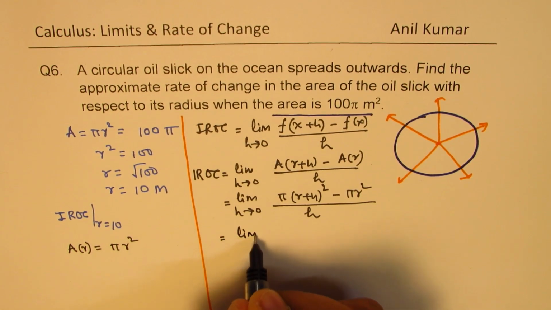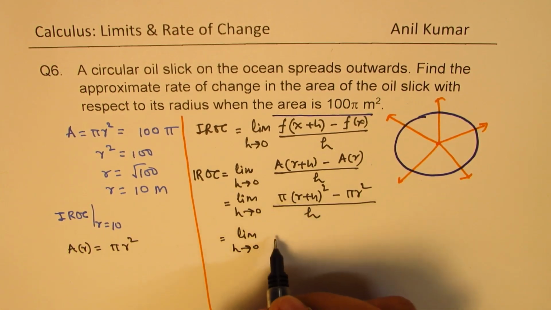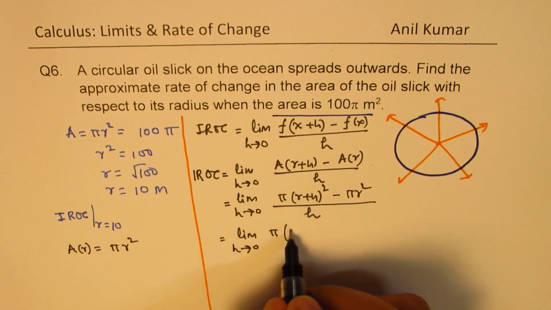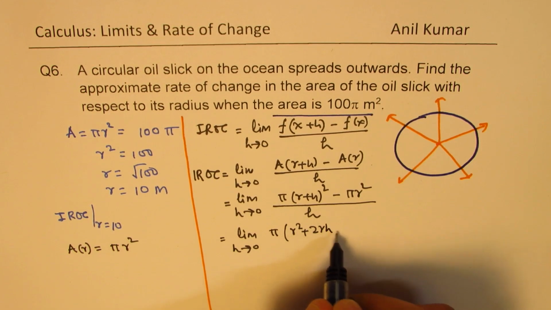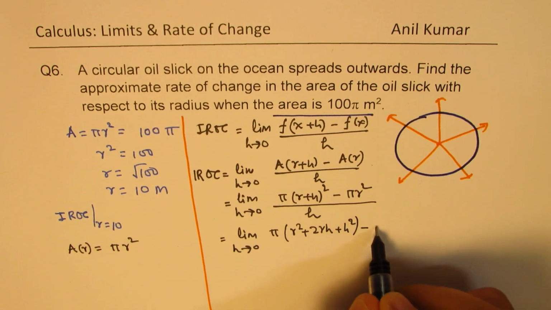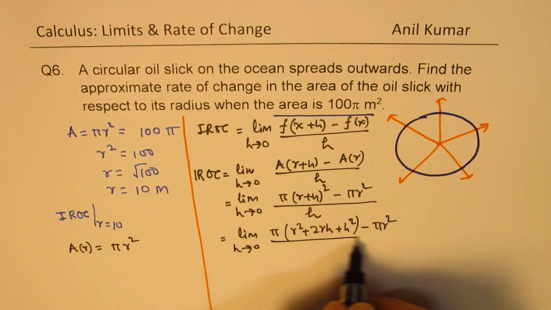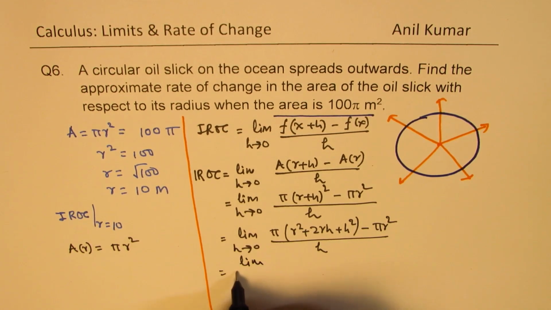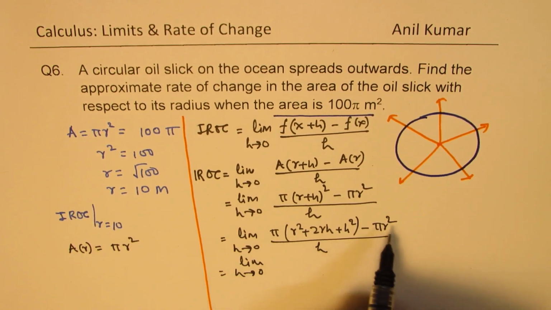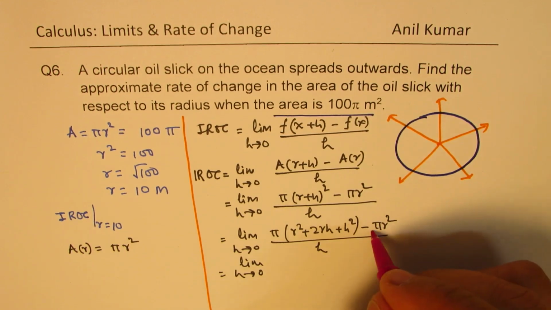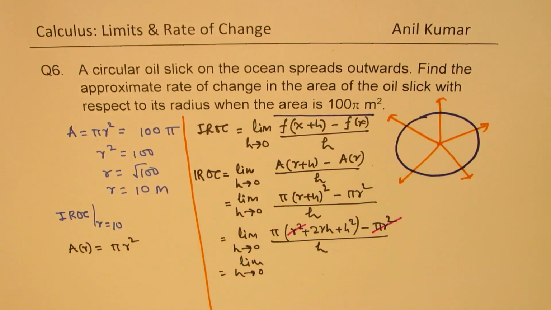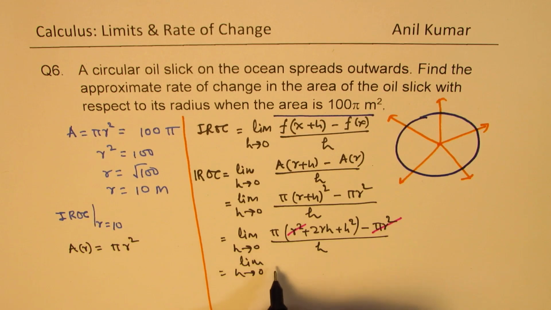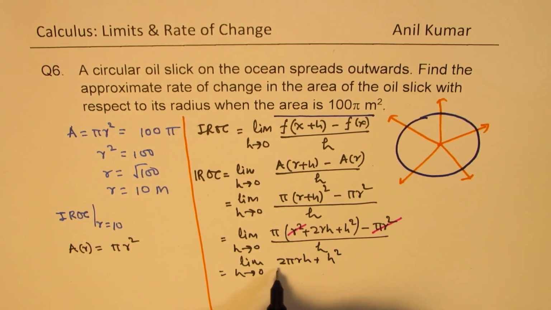So it'll be pi r square plus 2rh plus h square minus pi r square over h, which is equal to the limit as h approaches 0. So you find that pi r square and pi r square cancel. So you have 2 pi r h plus h square over h.